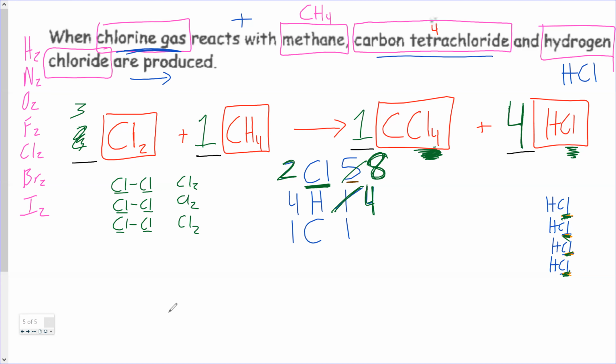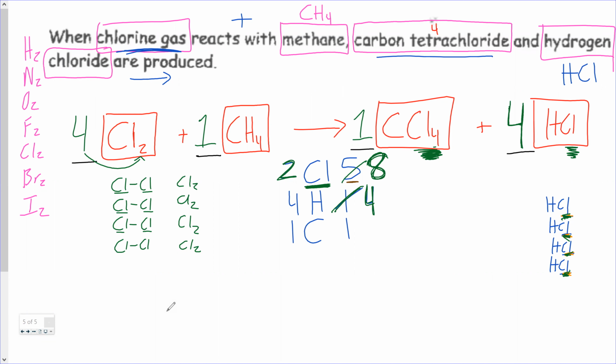All right. So what number do I need to put here for me to have 8? How many Cl2s do I need for me to have 8? 4. I need 4 of those. So I'm going to put a 4 here, which essentially is saying 4 Cl2s. Anytime you have a coefficient, you can just multiply it by your subscript to see how many you got.